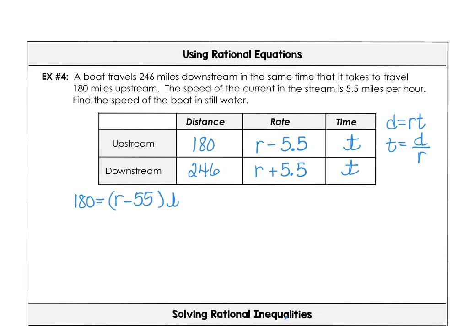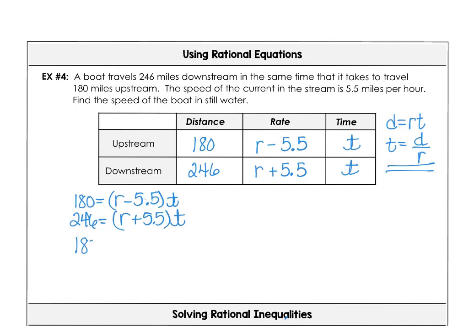So putting all of this together, distance equals the rate times the time, and distance equals the rate times the time. Can't see my decimal there. Let's put our decimal in there. Since the times are the same, we can set them equal to each other.